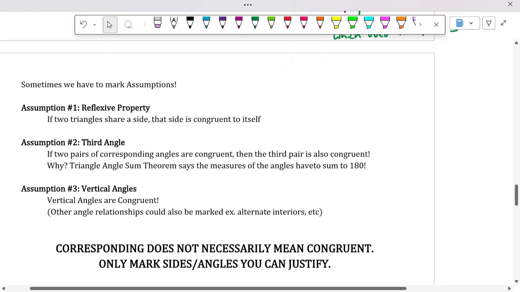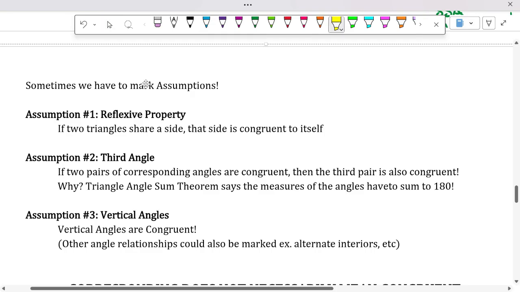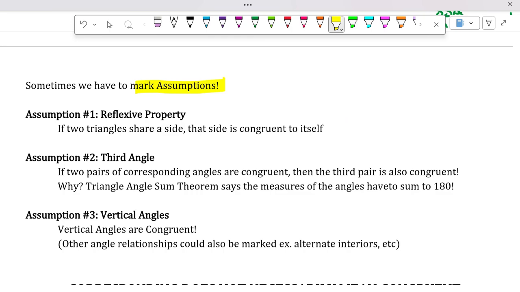All right. Now, another thing that you got to know is that sometimes we have to mark assumptions. So remember what I said last week. It's like a court case. We can't mark something congruent unless we have enough proof to show that they're congruent. Now, when it comes to these pictures, the only way you can mark things congruent is if it's really, really obvious that they're congruent.